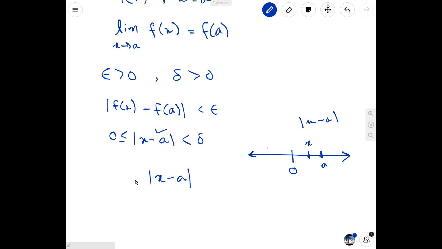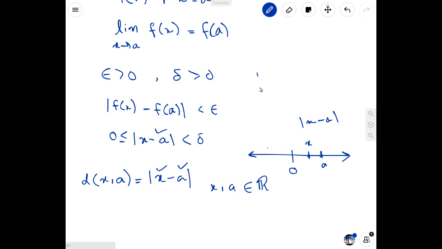And we can write it as, if we take the distance function as d, then it is applied on 2 points, x and a. So it is the function of two variables, x and a, where x and a, they both are taken from the set of real numbers or from the real line.